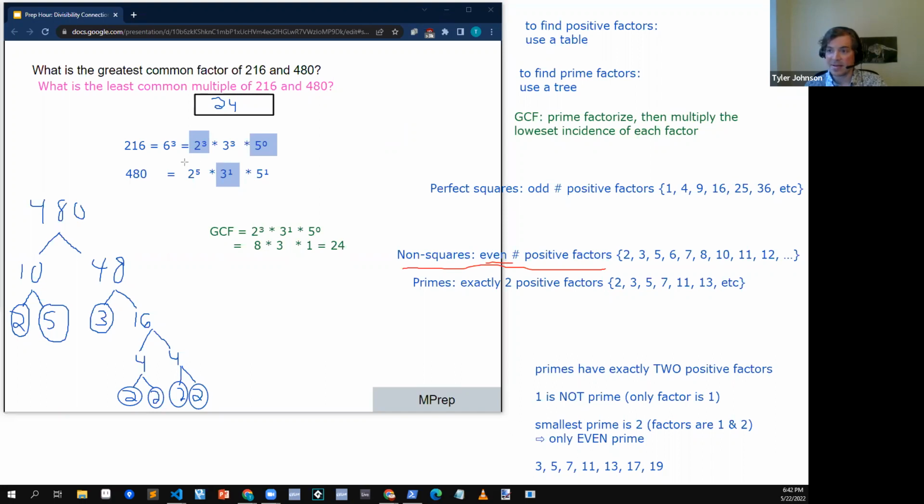To answer that, you'd take the highest incidence here. So I'd take the 2 to the 5th, the 3 cubed, and the 5 to the 1st. So those three multiplied together. That's going to get you this big number, 4,320. But that's the least common multiple.